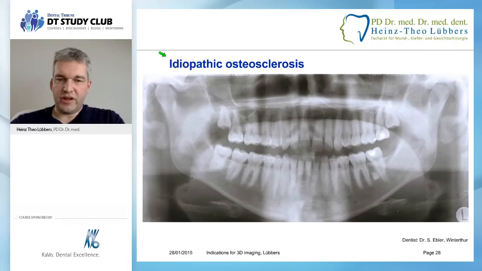Another point, idiopathic osteosclerosis, you see it right here. It's a situation where dense bone forms right inside the normal spongious bone. We don't really know where it comes from, but we know it's not relevant. And you might want to rule out that it's something else, like it could be a stone from a gland, for example.